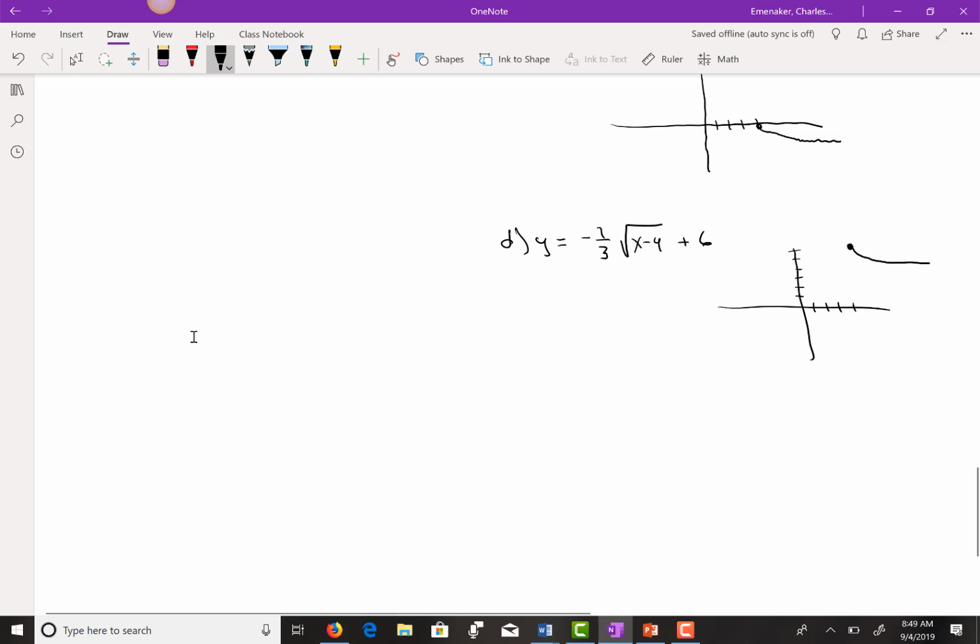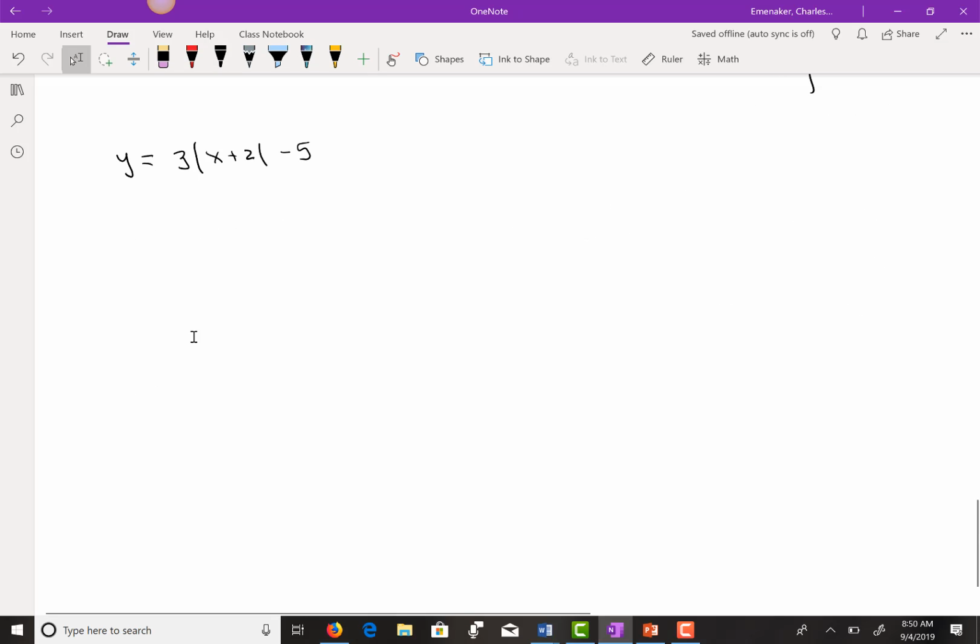Now, the cool thing is, once you get used to going through these, and it takes a little bit of practice, let's say I have 3 times the absolute value of x plus 2, minus 5. Wonder what the graph of that looks like.